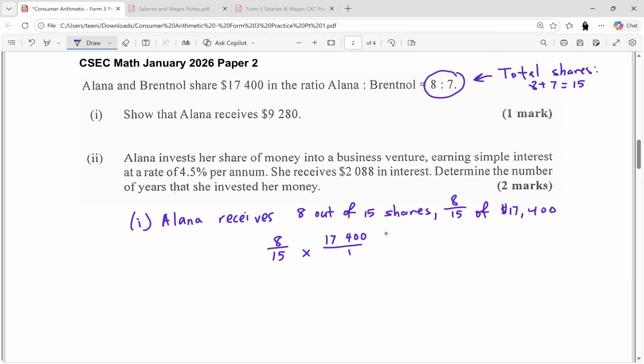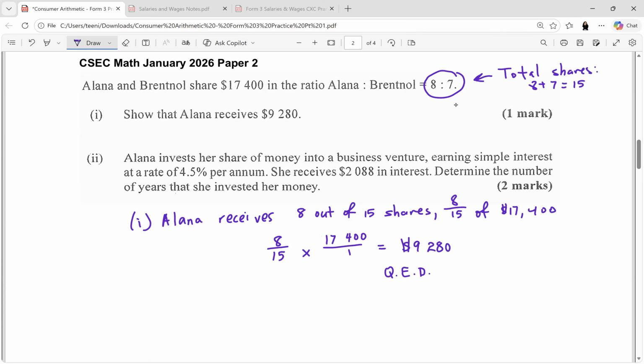And then you check that on your calculator and it should be 9,280. And it is correct. It is $9,280. So when you show it, you write QED, and that literally means that you've shown that it is so, right?